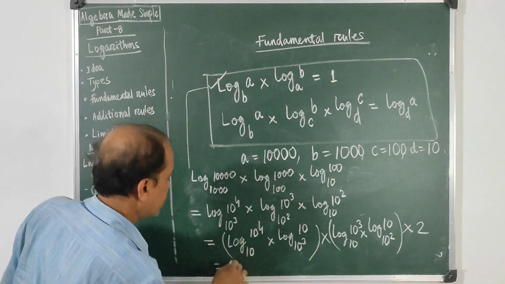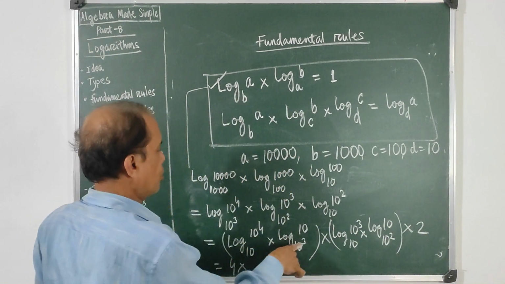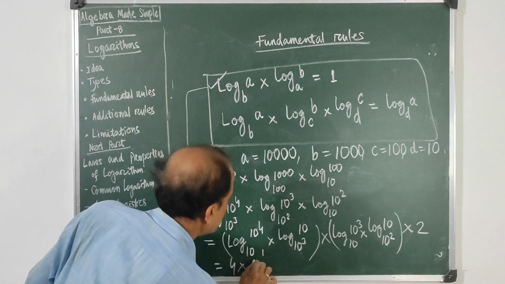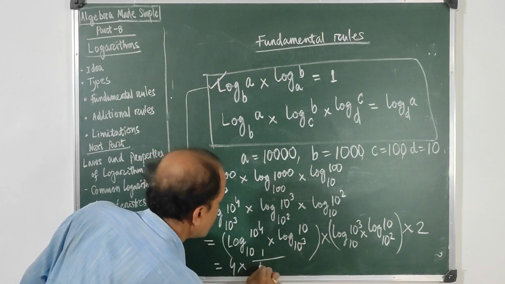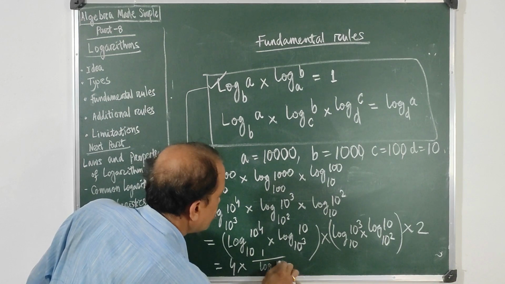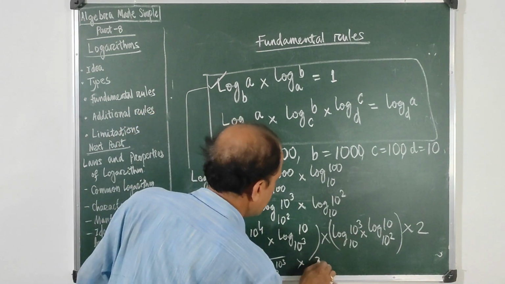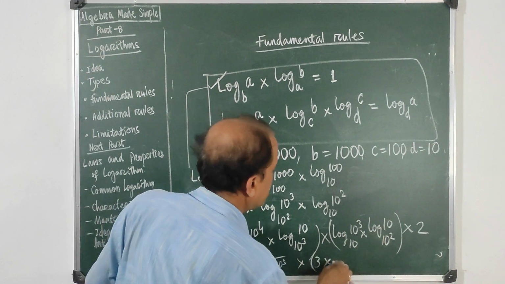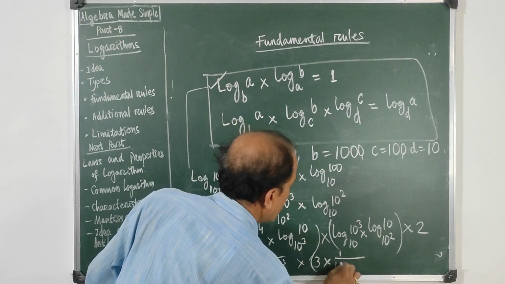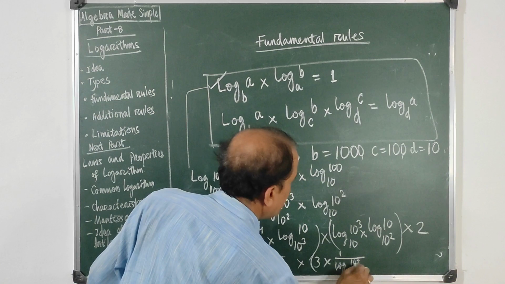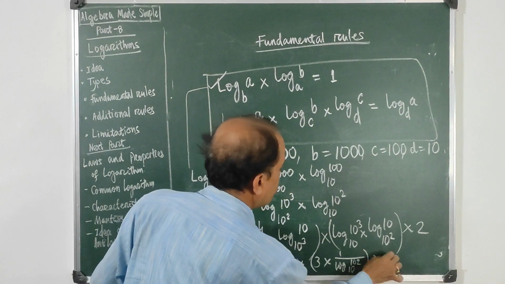So here we get 4 into the inverse of log 10 cube to the base 10, this much is 3, into 1 upon log 10 square to the base 10, into 2.